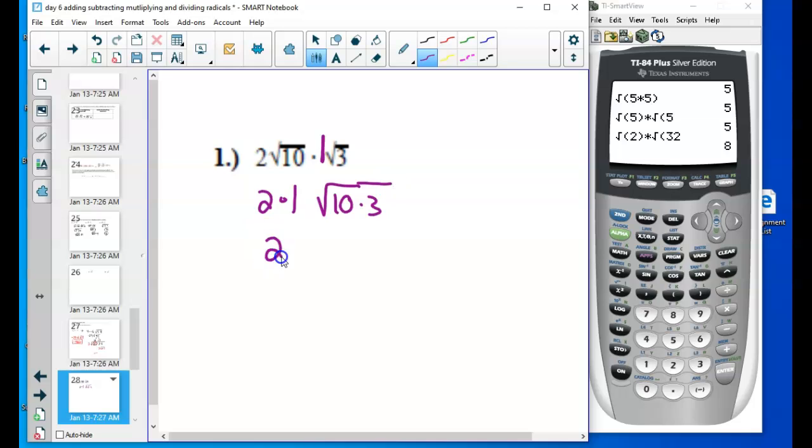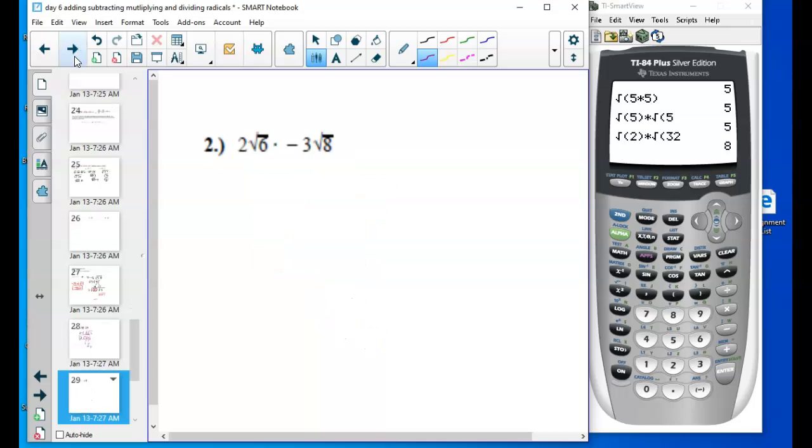So I have 2, and then the square root of 30. So 30 breaks down to be 3 times 10, and then 10 breaks down to be 2 times 5. No prime numbers repeat, so 2 square root of 30 is my final answer. And then I can look at one more with you guys.